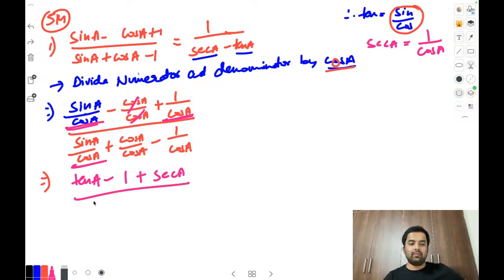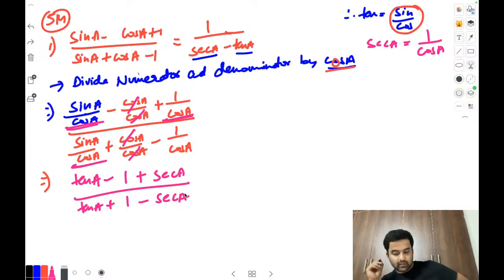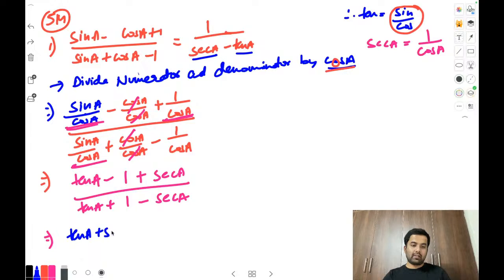Sin by cos becomes tan, plus, this again got cancelled, it becomes 1, minus sec A. Is it okay? Now first let me arrange it. Tan A plus sec A minus 1, and here tan A minus sec A plus 1.